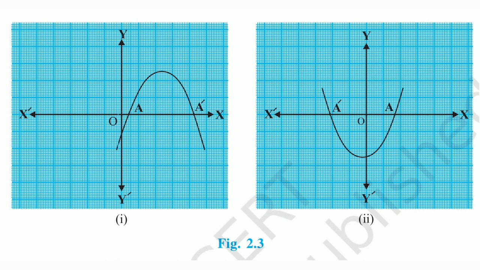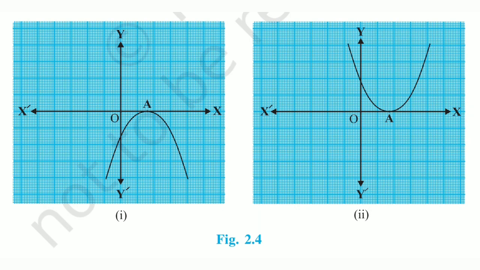Let us see case 2. In this picture, it is shown that the parabola or quadratic polynomial touches the x-axis in one place, either upwards or downwards. In this case, the number of zeros is only one value.